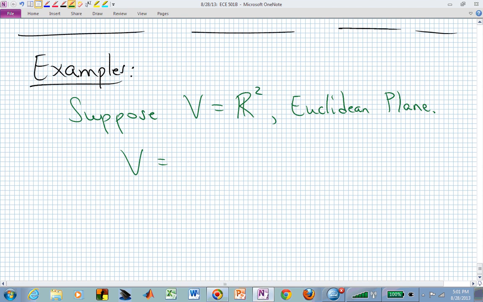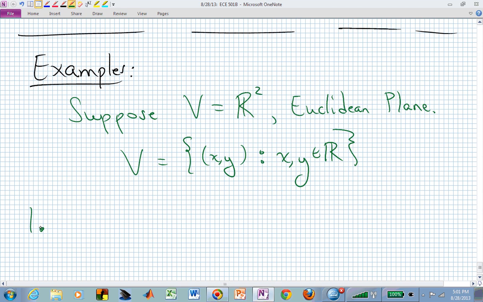Or we could say V is now this ordered pair (x, y), such that x and y are both coming from the set of real numbers. That's our Euclidean plane, this two-dimensional space, this piece of paper that we can draw on. Now we're feeling comfortable, right? That's our vector space.